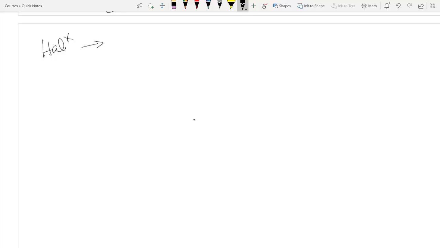Now your textbook has a slightly different way of drawing it, but the way that I want you to draw it on your tests and so on, please make sure you follow this, but you can use the other way, for instance, on Wiley, etc. So we need to make this become a halogen that has the plus charge on it, and I'm going to use a Lewis acid.